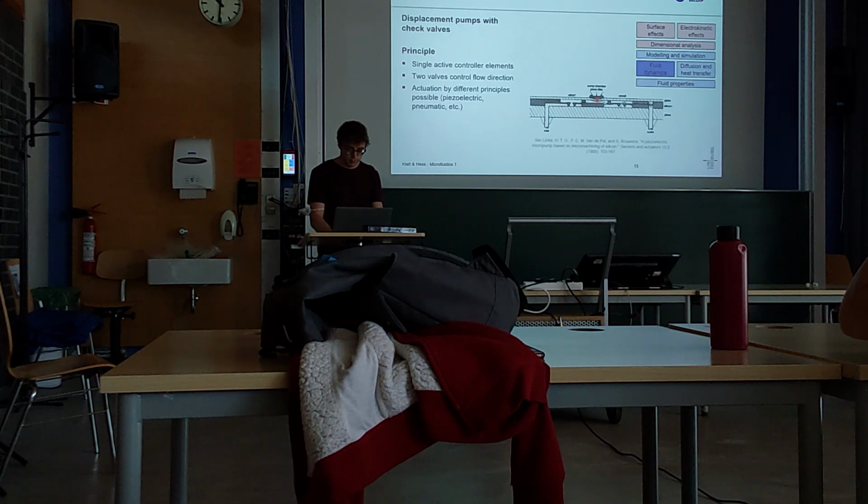So if you move in an upwards direction, liquid gets sucked into your structure from the left-hand side, and valve 1 allows flow in this direction. If you now press it down, the valve, as you can see how it is designed here, will stay closed, and there's no liquid movement in this direction, but there is liquid movement via the second valve because it allows flow in this direction.